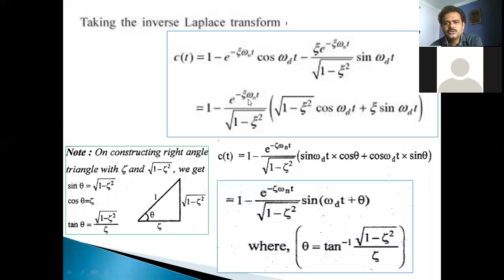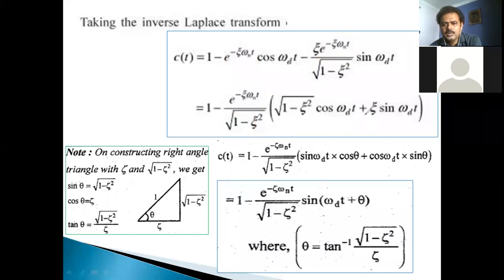So you will get 1 minus e to the power of minus ζωn t over under square root of 1 minus ζ², times under square root of 1 minus ζ² into cos ωd t plus ζ sin ωd t. This term is common, so that's why I have taken this term as common in the denominator, and you will get the same in the numerator. Final expression is this one.